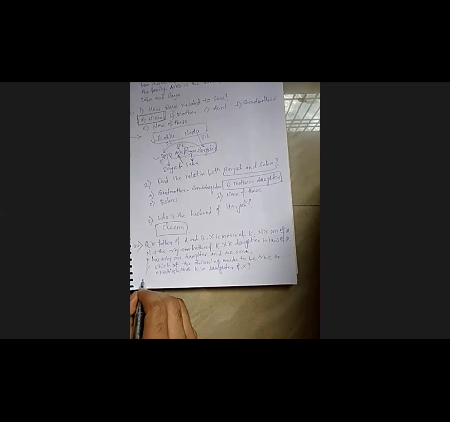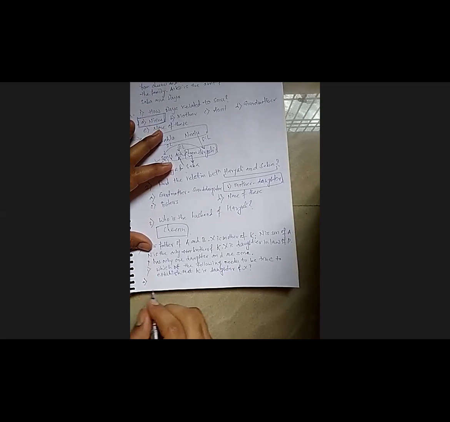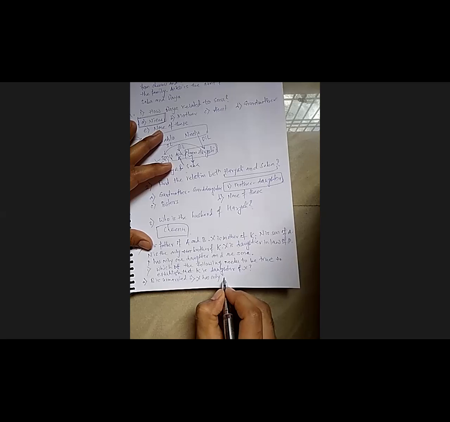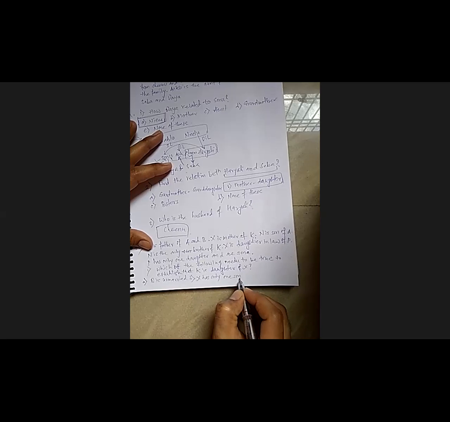So your options are: A, B is unmarried. Option B is X has only one son.